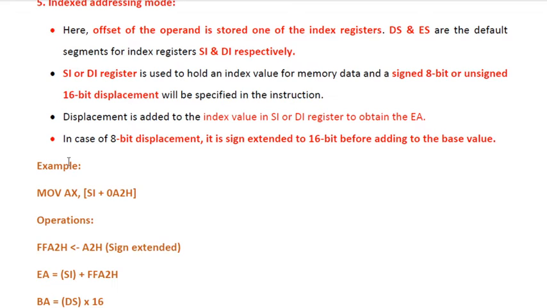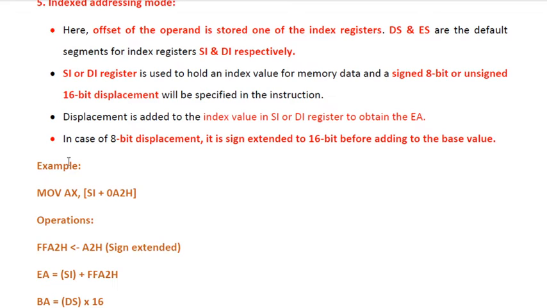First we create an extended representation of A2H, that is, the sign extension of A2H. Sign extension means the most significant bit is extended to the unfilled portion of the bit pattern.